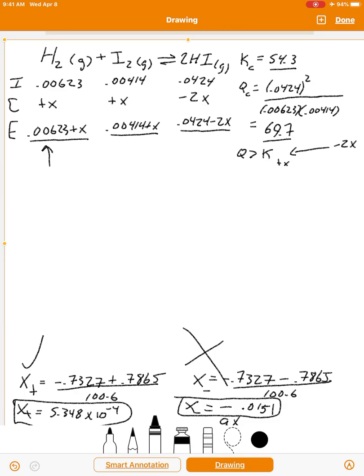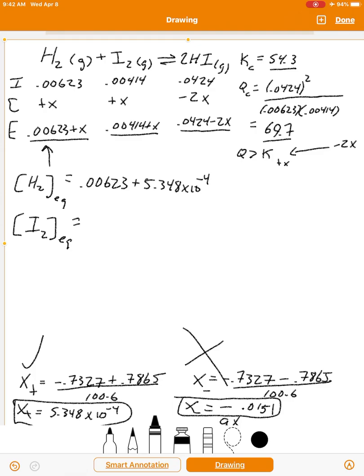So at equilibrium, the concentration of H2 would be 0.00623 plus X. The concentration of I2 at equilibrium would be 0.00414 plus X, which is 5.348 times 10 to the minus 4. And the concentration of HI at equilibrium would be 0.0424 minus 2X.